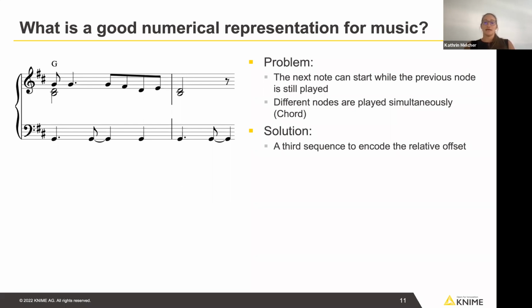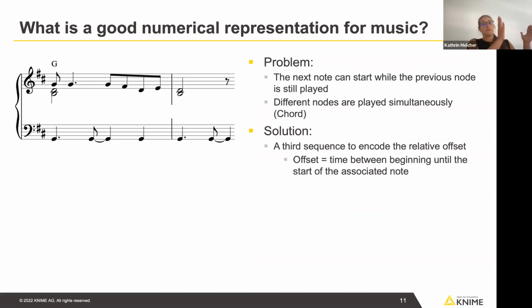And here I decided to use a feature that I call relative offset. What is this relative offset? Therefore, we first need to understand what is the offset. And the offset is the time between the beginning of a music piece until the start of the associated note. But we will use a second neural network architecture, which takes care of the sequential order already.